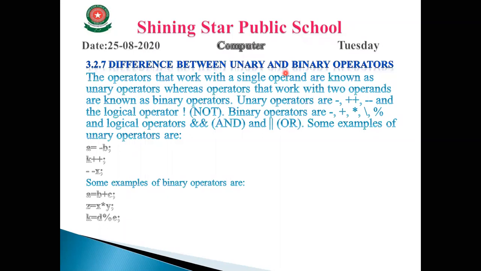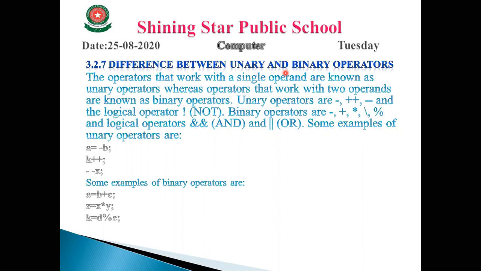The unary operators are minus, plus plus, minus minus, and the logical NOT operator. The binary operators are plus, star, divide, meaning the basic arithmetic operators, and in logical operators we have the AND operator and the OR operator. These are the binary operators.